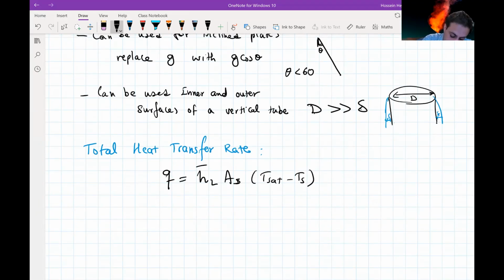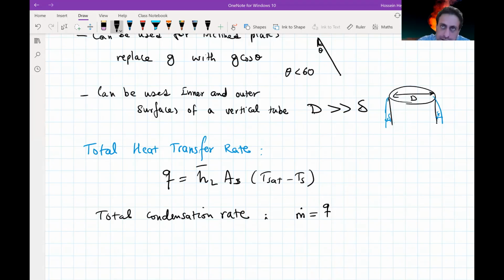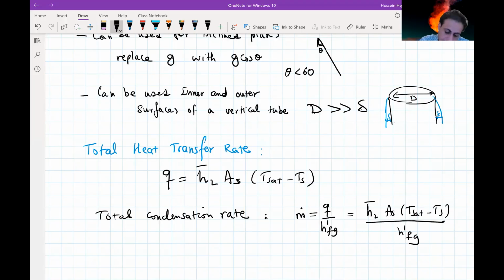The other thing here is the total condensation rate, and that's the parameter that we often look for. We want to know for certain conditions what would be the rate of vapor that can be condensed for any process. This m dot is going to be Q divided by h'_fg, which would be h_L A_s (T_sat − T_s) divided by h'_fg. So we can get the total condensation rate here too.